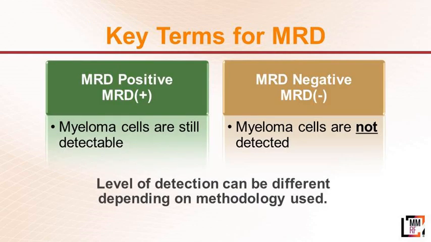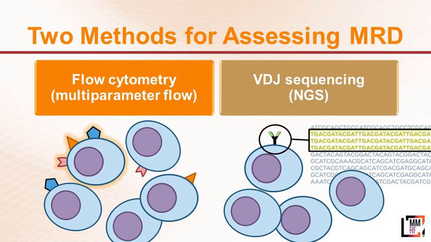MRD positive means that the test you're using to look for this small residual disease is still detected, and MRD negative means that we are not detecting those cells. And the level of detection can be different depending on the methodology. Dr. Wiesel touched on this. We talked about flow cytometry, which uses basically antibody-type technology to analyze the markers on myeloma cells.